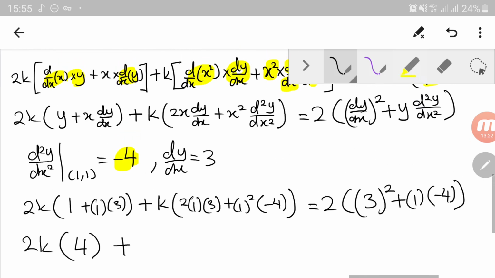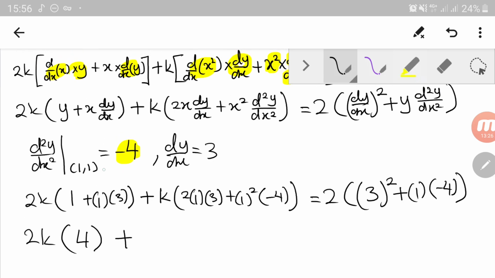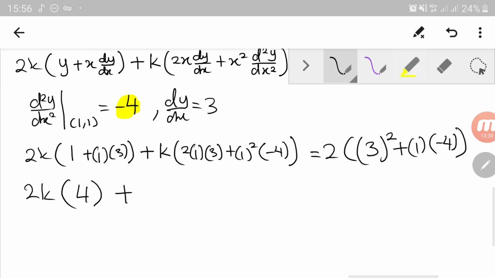Correct. I made a mistake, is it? Why the bracket like that? Oh, correct. So this one pula, bracket 6 plus minus 4.